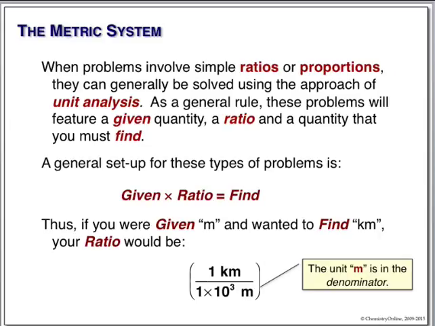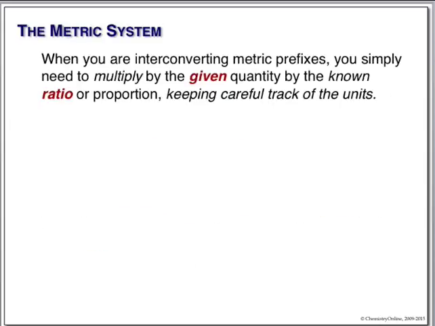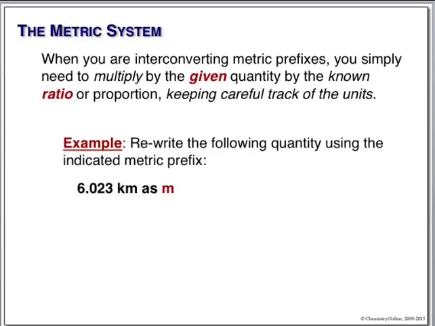So let's do a real problem. I have 6,023 kilometers. How many meters is that? Well, what is given in this problem? 6,000 kilometers, isn't it? That's the number you're given.